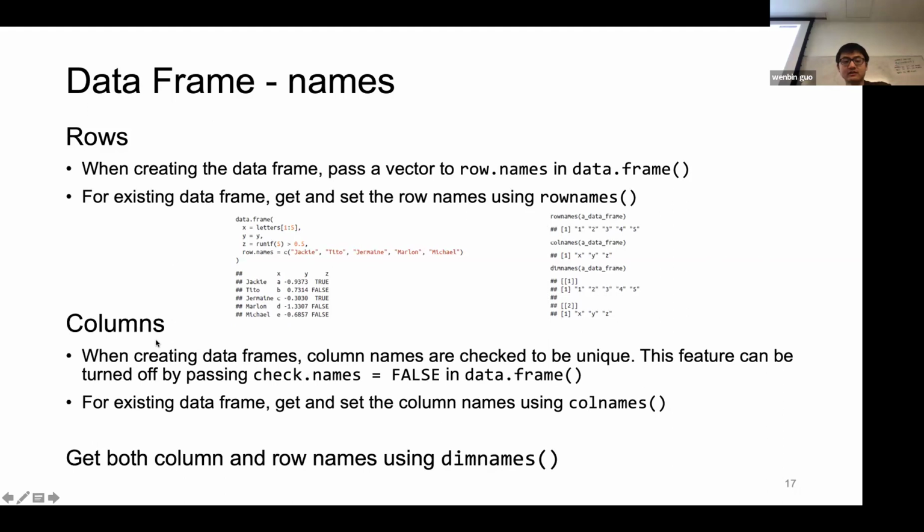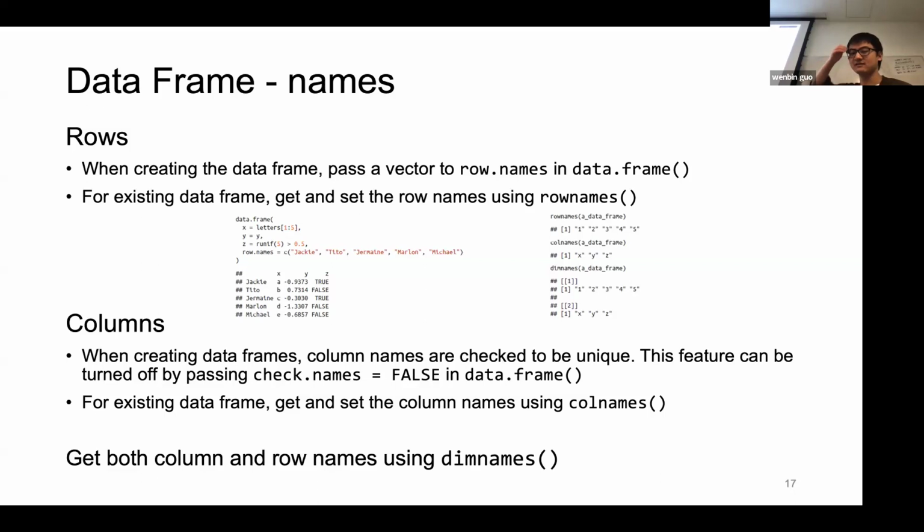So another thing about the column names is that when you're creating it, it will try to check whether the variable names are unique. I think uniqueness is what we really like in analysis, because if two columns, two variables, have the same name, we don't really know which one is which, so you have some ambiguity there.